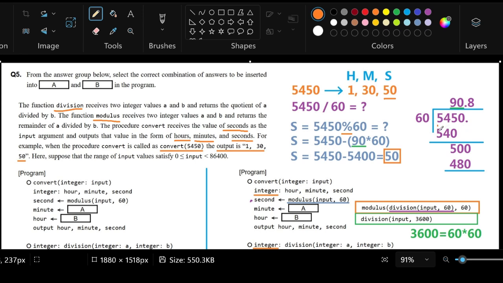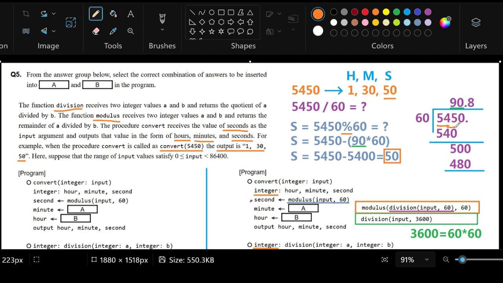If you're starting off first with 5, we know that 5 is less than 60, and so we need to add another digit, so that makes it 54. But 54 is still less than 60, so we need another digit. That's why we get 545.